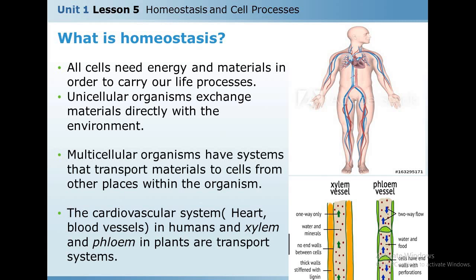It's going to deliver the blood to the cells. And the vein is delivering back the blood that has no nutrients and has waste. It's transported back to the heart. So we have a transport system inside the human body that's transporting the needed material to the cells.